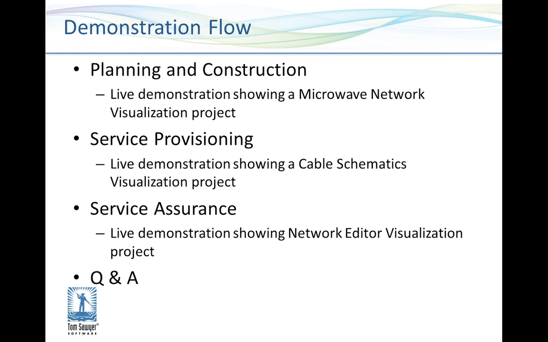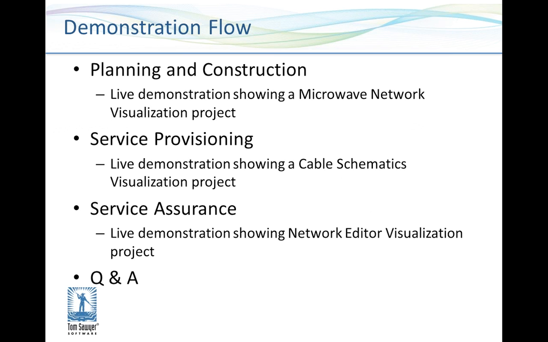We prepared a number of examples, and these examples highlight specific areas of the product. We will run it in standalone mode in the preview version, but please imagine it working as part of a bigger product. We will start with cable schematics, to show how we visualize outside plant based on information coming from the network inventory.